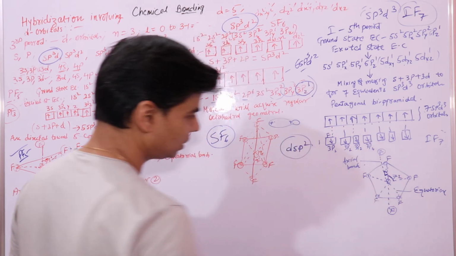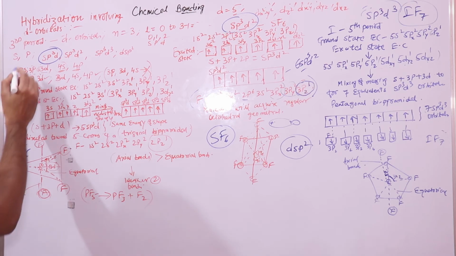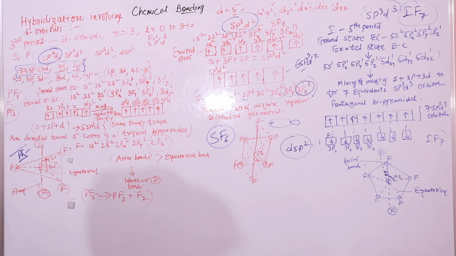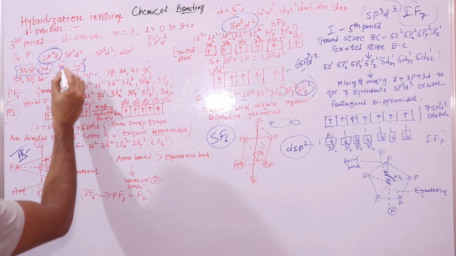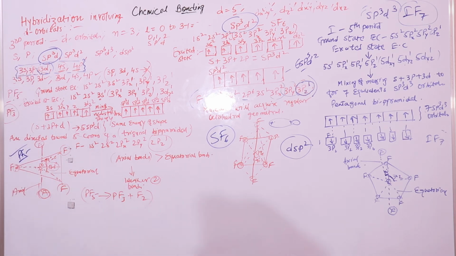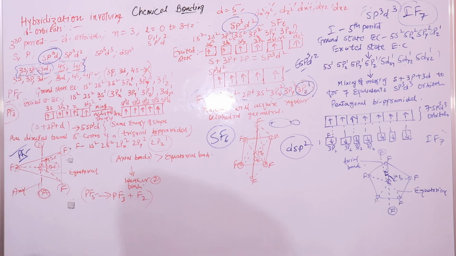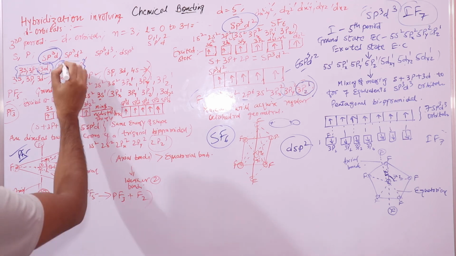There is one important thing that you should know about this dsp2 hybridization. If you remember, in the previous video lecture I had just started with this, where I said that the 3d orbital has nearly equal energy with the 4s and 4p orbitals, right, and with the 3s and 3p orbitals. So 3s, 3p and 3d can hybridize, or 3d can hybridize with higher shell orbitals like 4s and 4p.